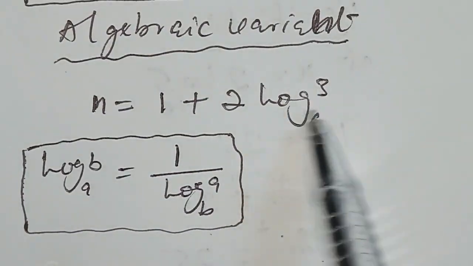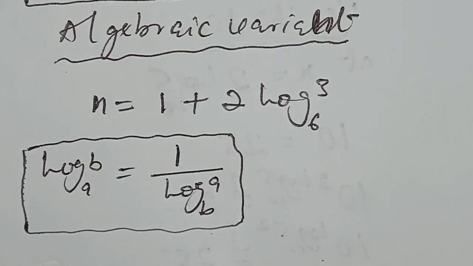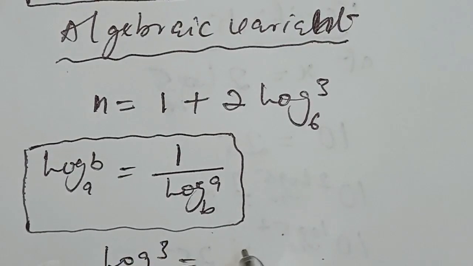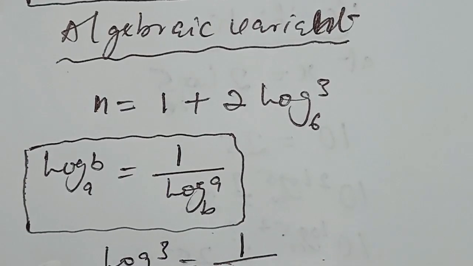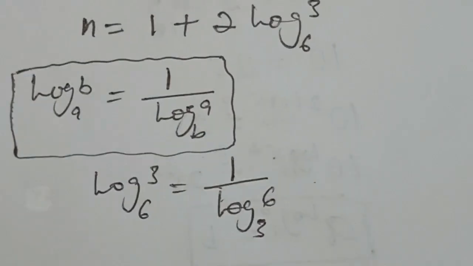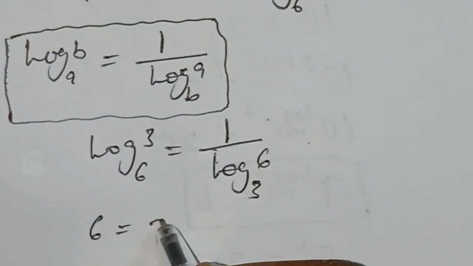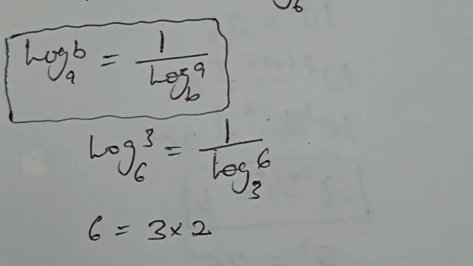So this part of the expression will now be written as log 3 base 6 equal to 1 over log 6 base 3. Now from here, we know that 6 is equal to 3 times 2.